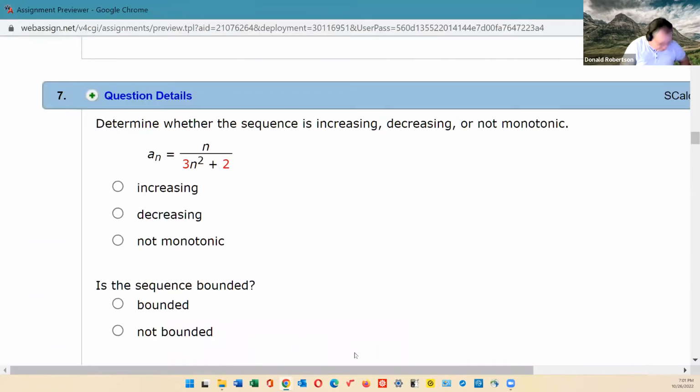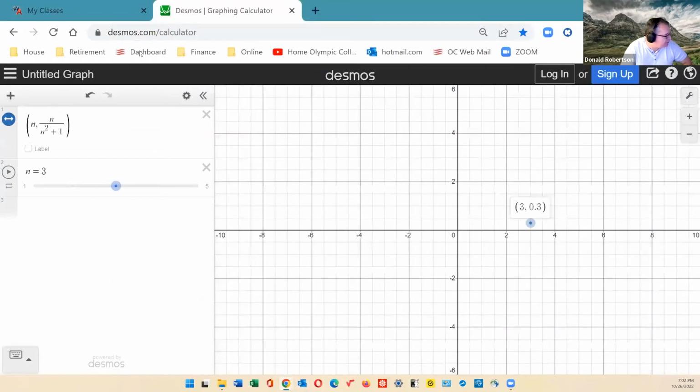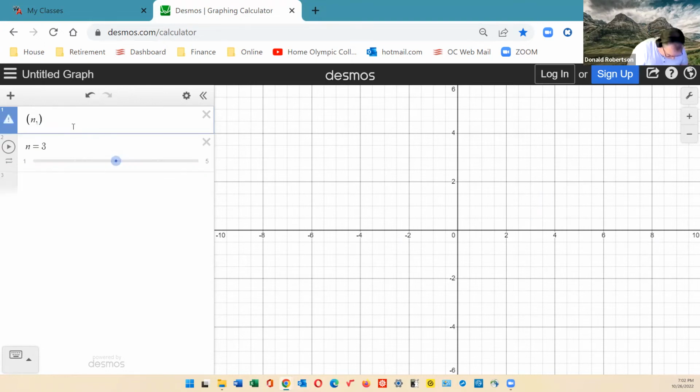Here. So the function was n over 3n squared plus 2. Okay, let's see if I can make Desmos plot some points. Come on, Desmos. There we go. So take care of this guy and call him n over 3n squared plus 2.